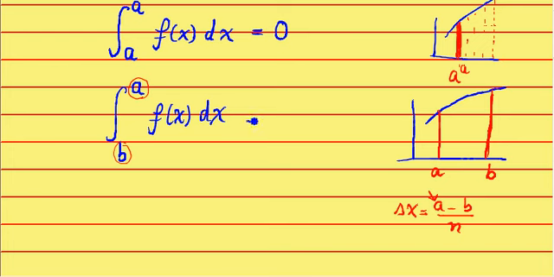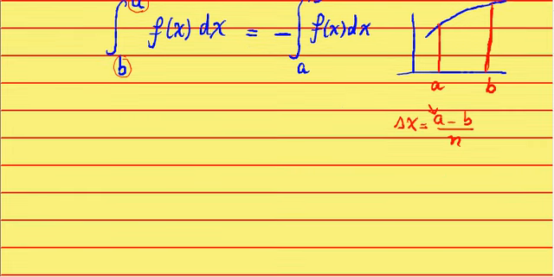So the net result is that one integral is just the negative of the other one. Swapping the lower and upper limits means the definite integral is multiplied by a minus sign.